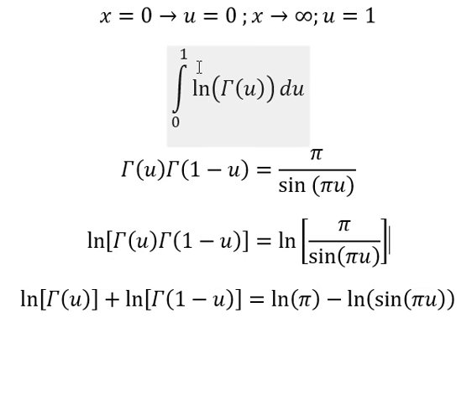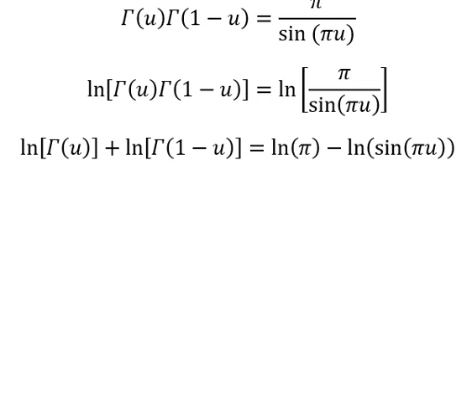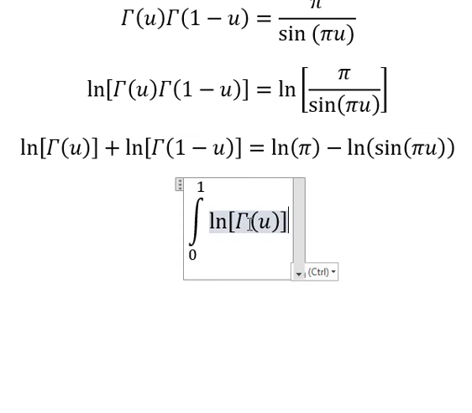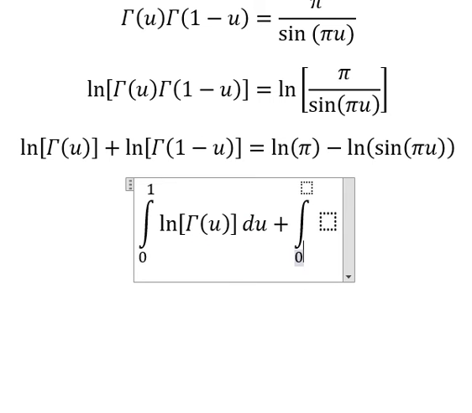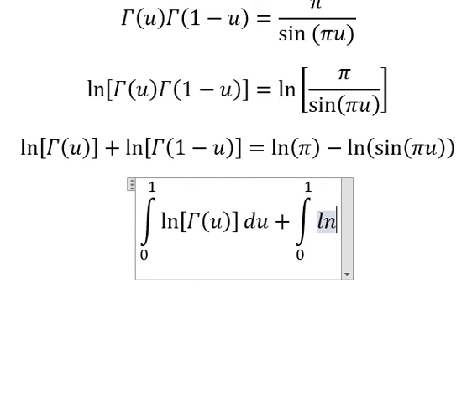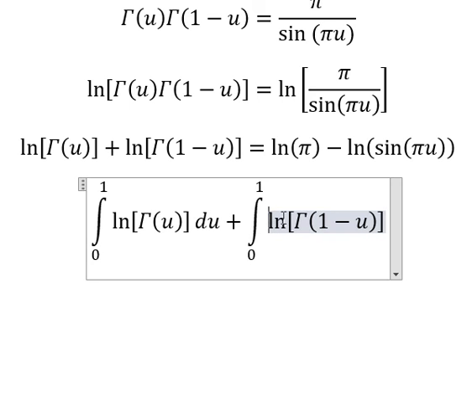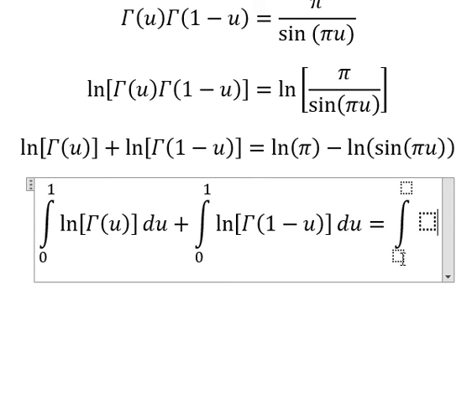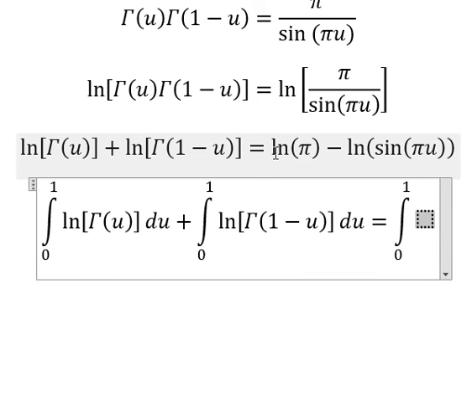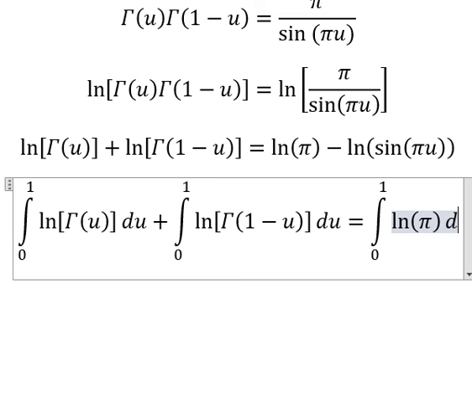Next, we put the integration from 0 to 1, and we got this one in here, plus the integration from 0 to 1, ln of this one du, equals to the integration from 0 to 1, ln of b du.